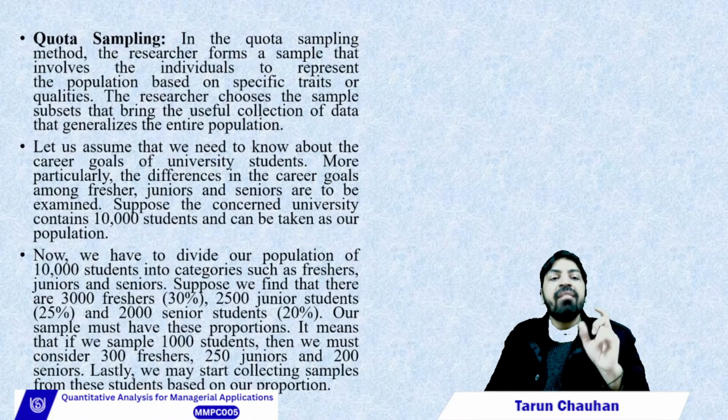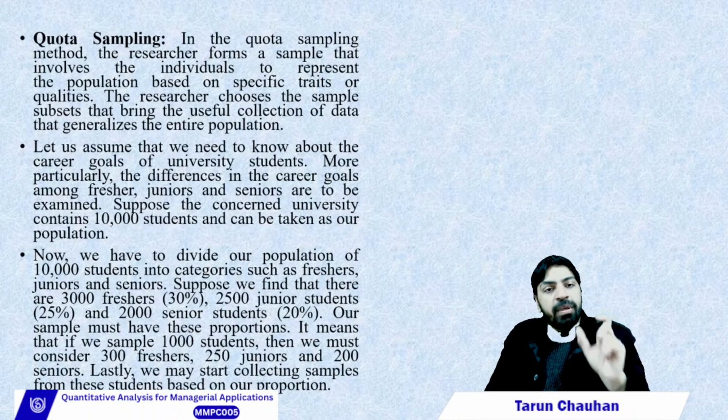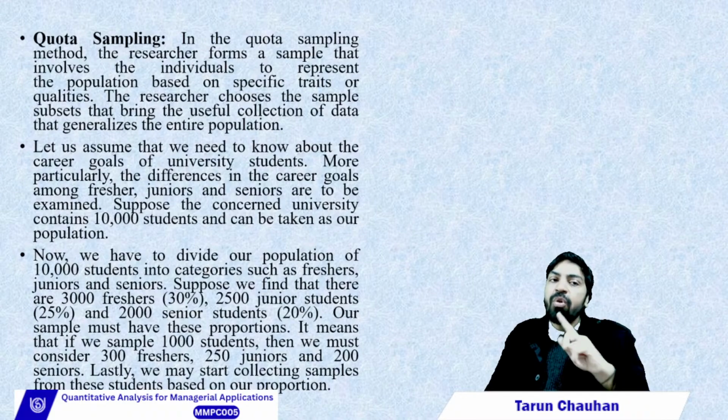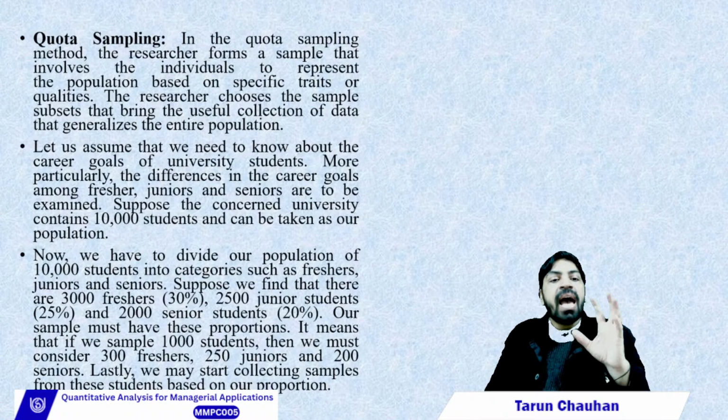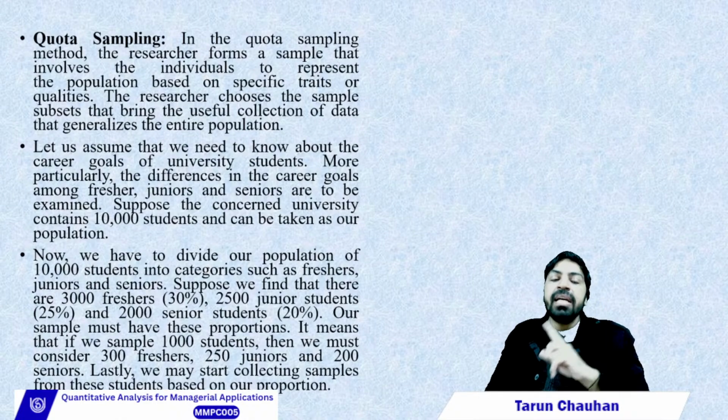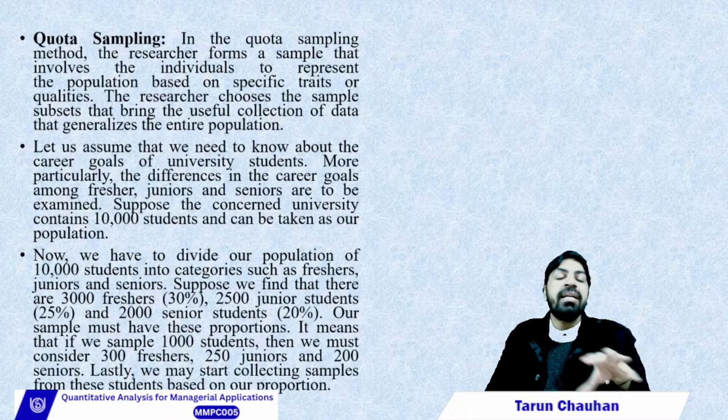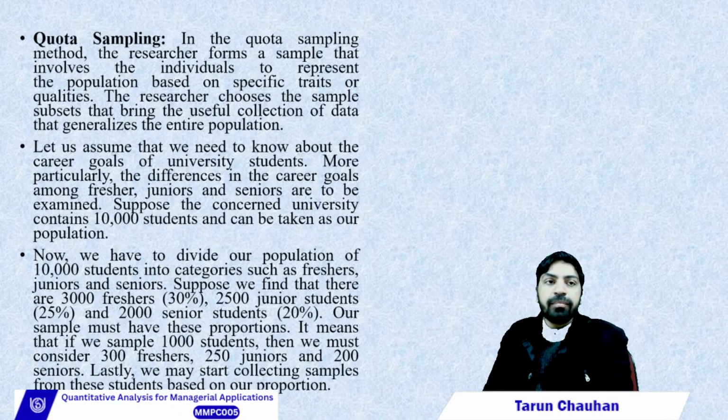So we have divided the population based on the quota, that is the career goals of the university students, into three major categories, that is fresher, juniors, and seniors. Accordingly the data and sample have been collected, and that's called quota sampling.